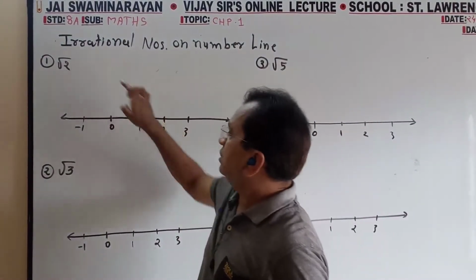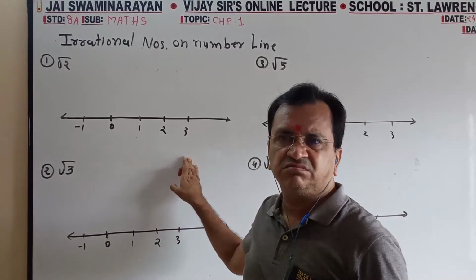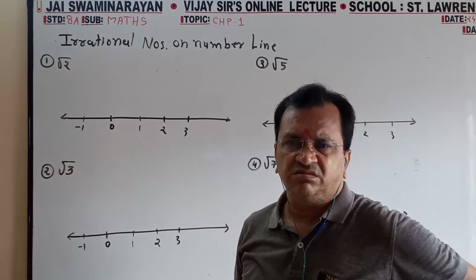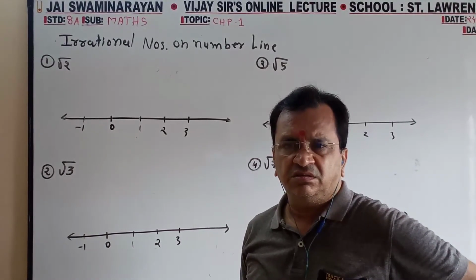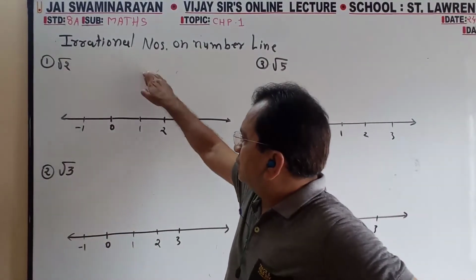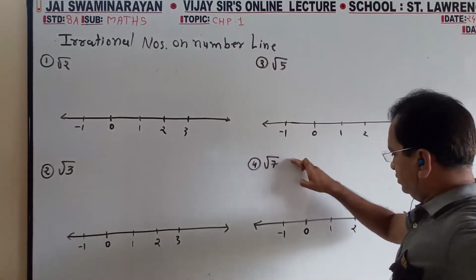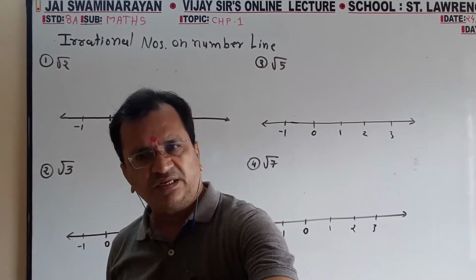Show root 3, root 2 on the number line. Whose mic is on? Root 2 on number line, root 3 on number line, root 5 on number line, root 7 on number line. These are the questions.